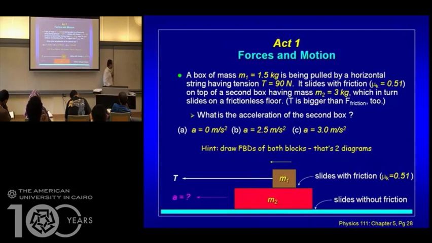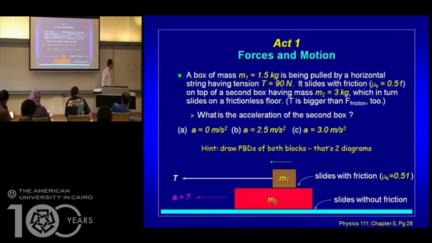What are the forces along the x-axis on object number 2? Only the frictional force equals MA. Isra is saying it has to be negative because it's pointing along the negative x-axis. Okay, good.